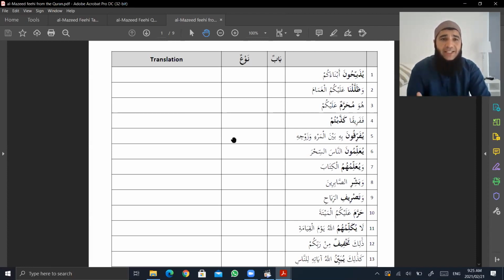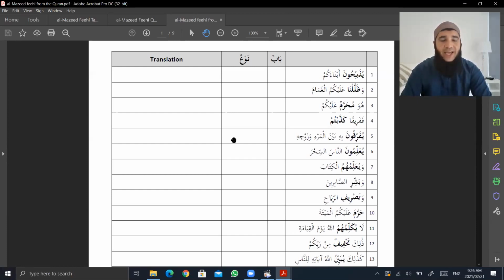If you're not yet accustomed to that, an easy way of identifying a verb will be any word like we have here: يذبحون أبناءكم. We have the word يذبحون. Now, how do I process that word?